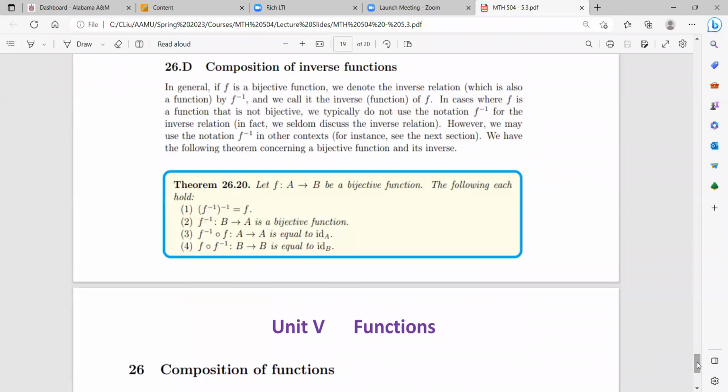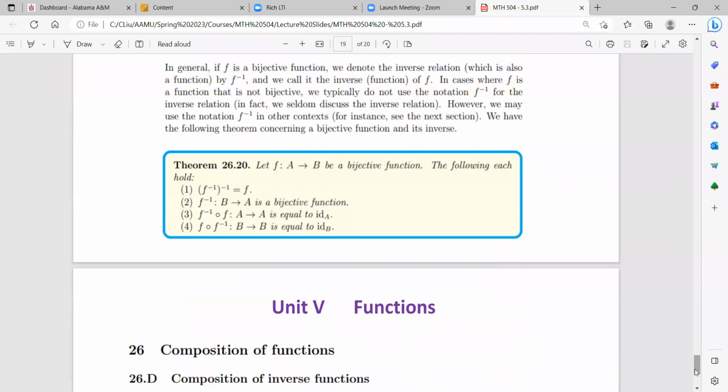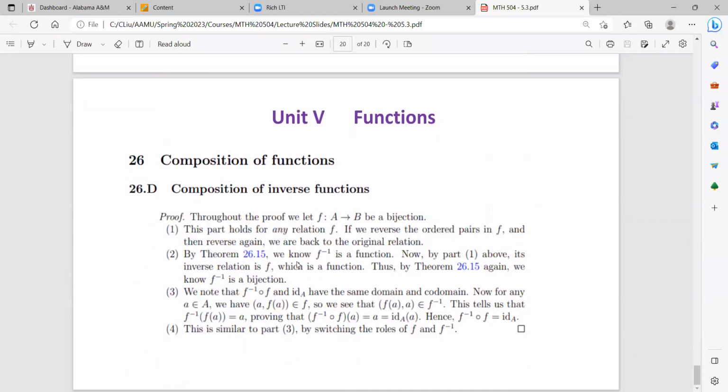So the second result says f inverse is also a bijection if f is a bijection. That's also easy to prove if you use the theorem we did before. Because f is a bijection, f inverse is a function also. So the inverse of f inverse is also a function, because it's just f.